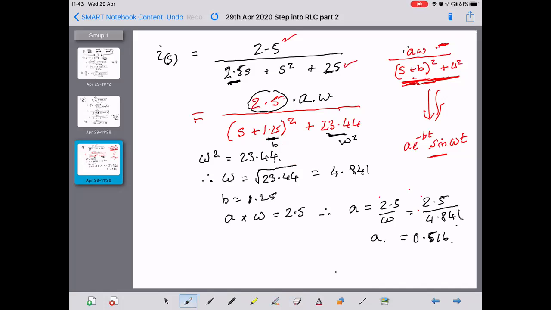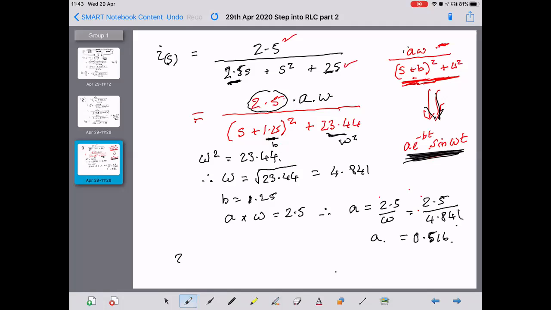So now we've got everything we need to use this transform and go back down here, because we know I, we know omega, we know b, and we know omega squared.